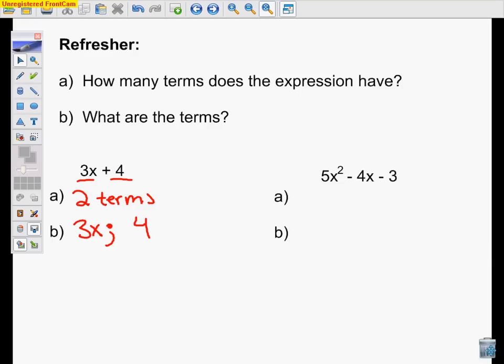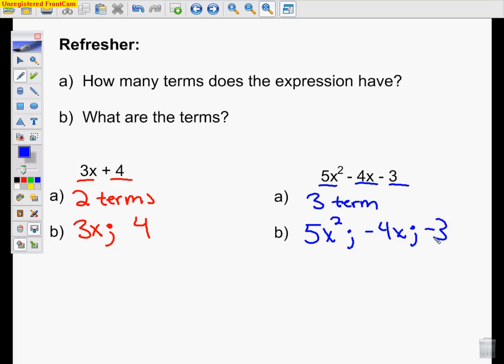This next one, 5x squared minus 4x minus 3. This we see has 3 terms. 1, 2, 3. So this is a 3-termed polynomial. And once again, the terms are separated through addition signs. So the terms are 5x to the second, then negative 4x, and then negative 3.